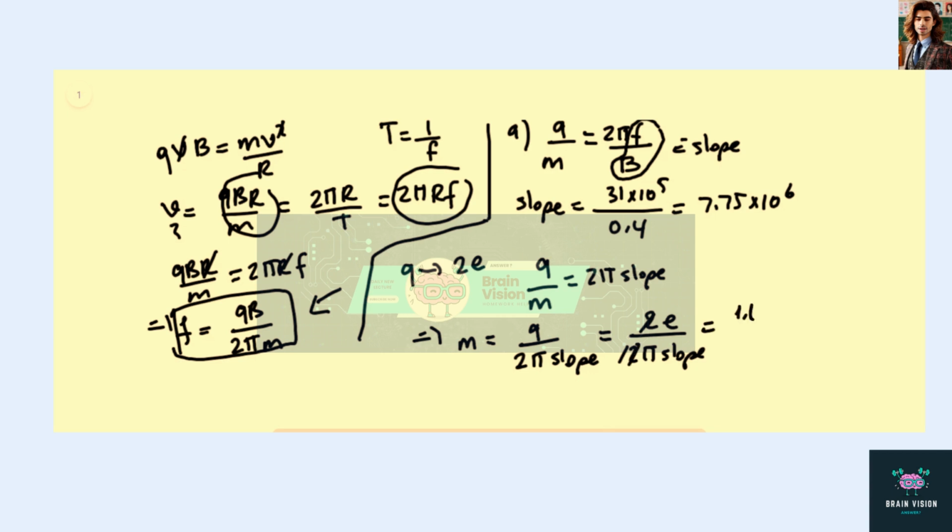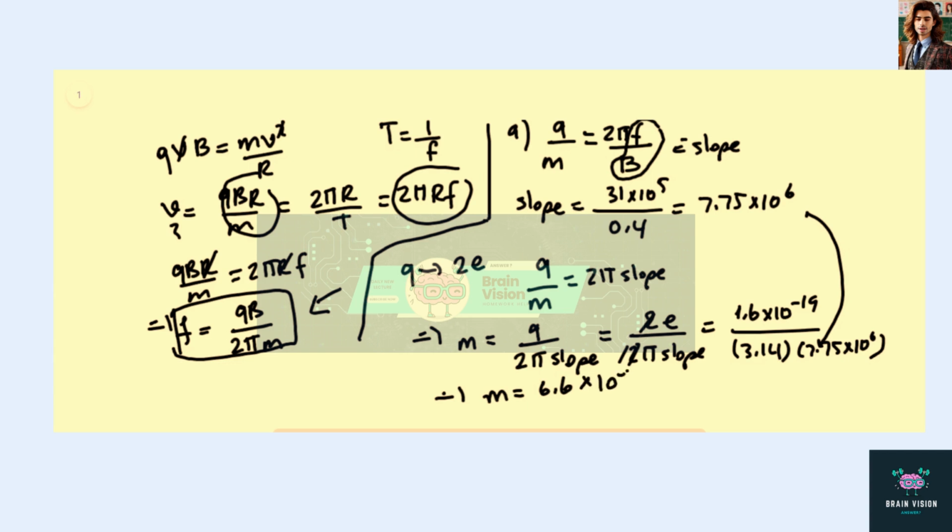What we have is 1.6 times 10 to the power negative 19 divided by 3.14 times this value here, 7.75 times 10 to the power 6. If we did that, then the mass would come out to be 6.6 times 10 to the power negative 27 kilograms. This is close enough, right? Considering that in an alpha particle we have 4 protons, almost 4 times the mass of a proton.